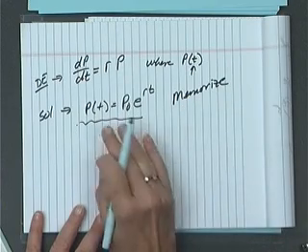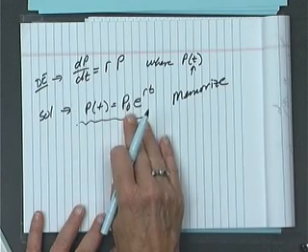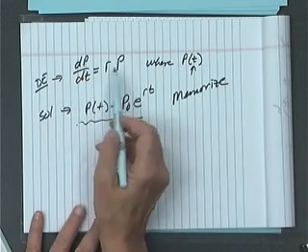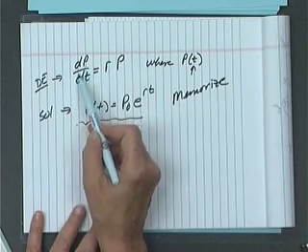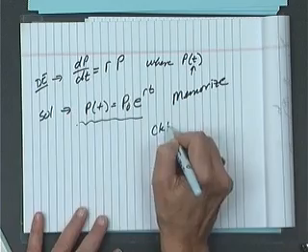All right? And if you took the derivative of P of t and wrote it in terms of P, it would be dP/dt equals RP. Okay, so here's your check.